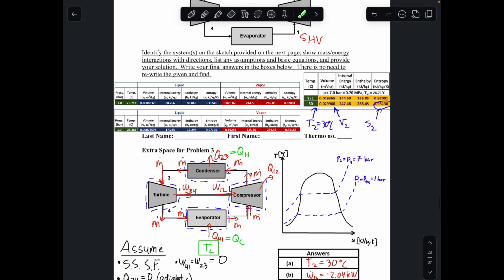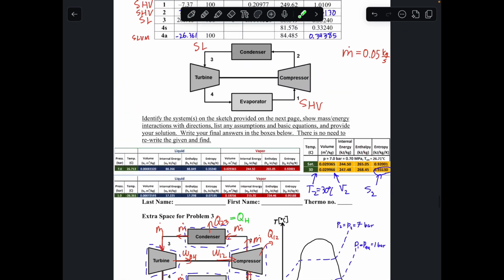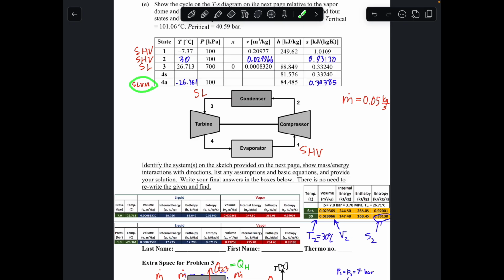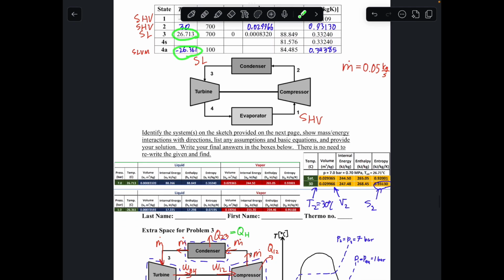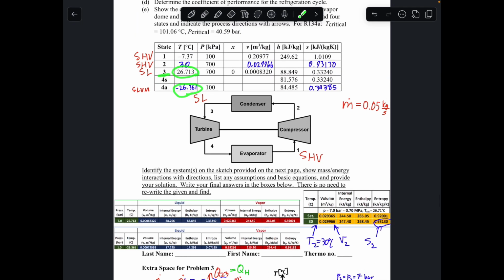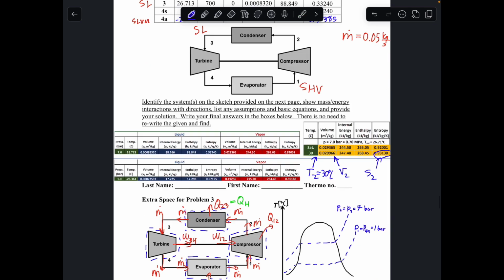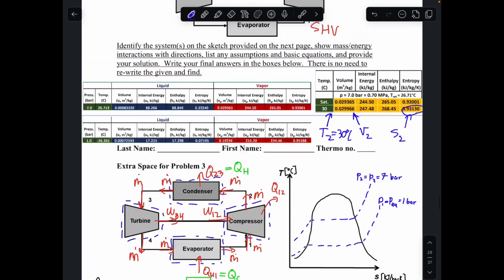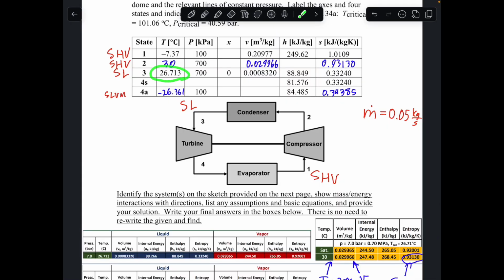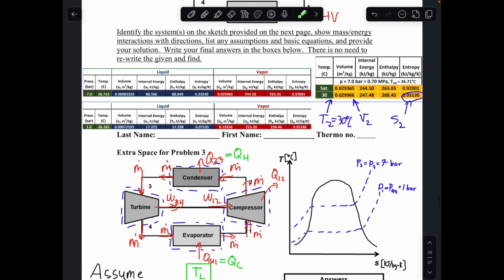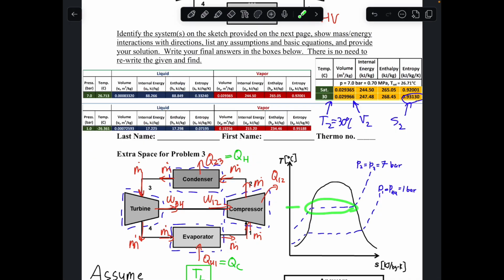And then we need to start to draw in our temperature and entropy values. First of all, we have two things here, either in the SLVM region at 1 bar or the saturated liquid region at 7 bar. And so these have saturation temperatures associated with those values. We can just draw those in. So we'll draw in our T3 here, which is going to be 26.713. So we know that this temperature is going to be just right across from this saturation region right here.